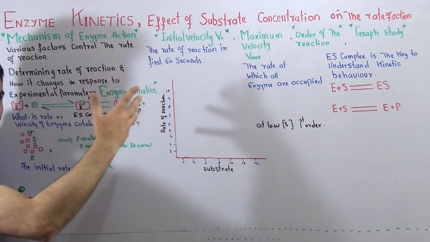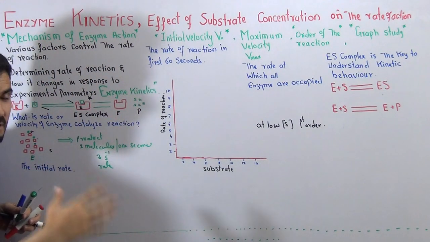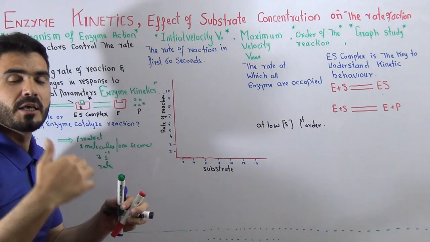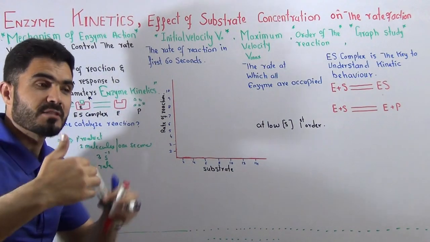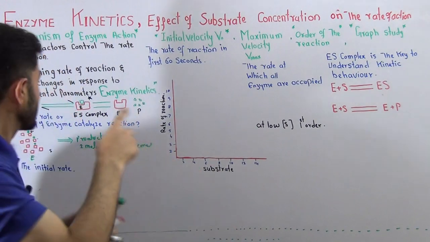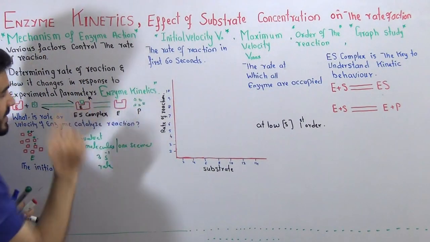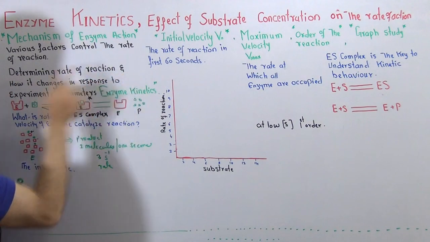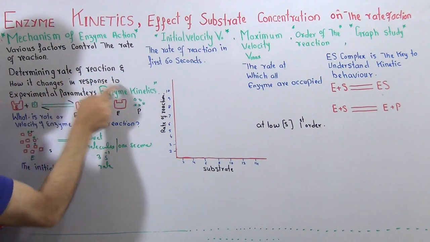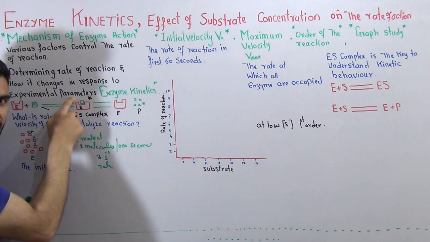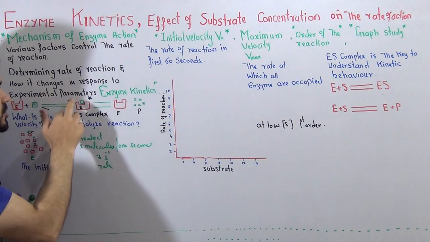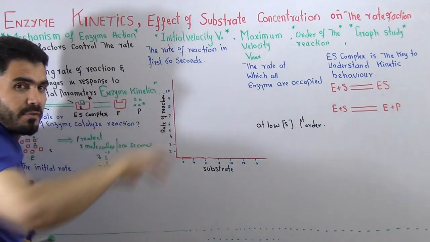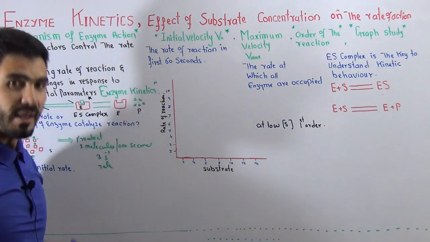The study of this phenomenon, the study of what? The study of the effect of parameters on the rate of reaction is called enzyme kinetics. Determining the rate of reaction and how it changes in response to experimental parameters, or the effect of change of experimental parameters on the rate of reaction, is called enzyme kinetics.